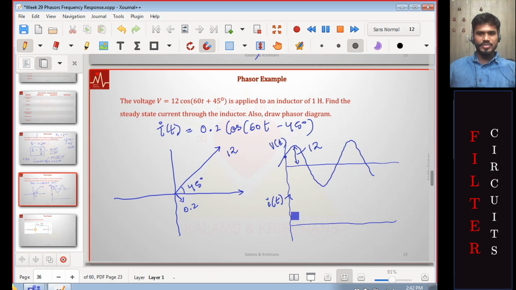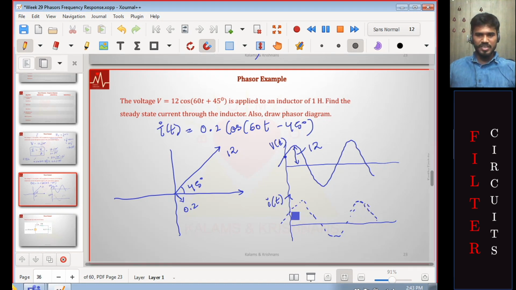The units are different. It's 0.2 peak, and where does it start? With respect to this, it has a minus 90 degree phase. Voltage started here. Voltage curve is this; I'm roughly drawing the top curve.